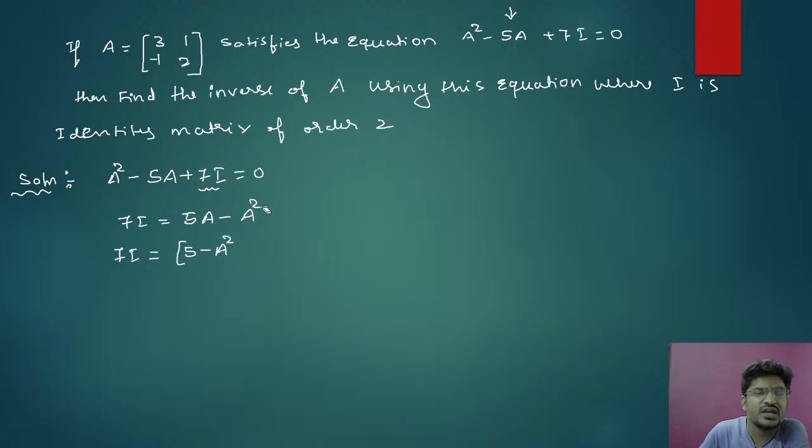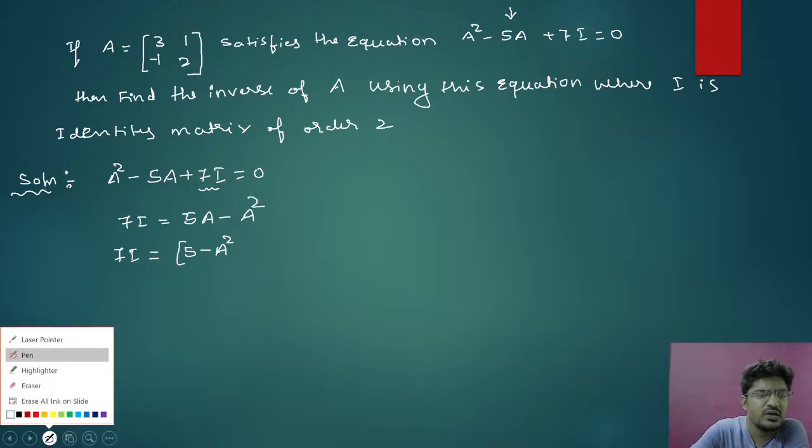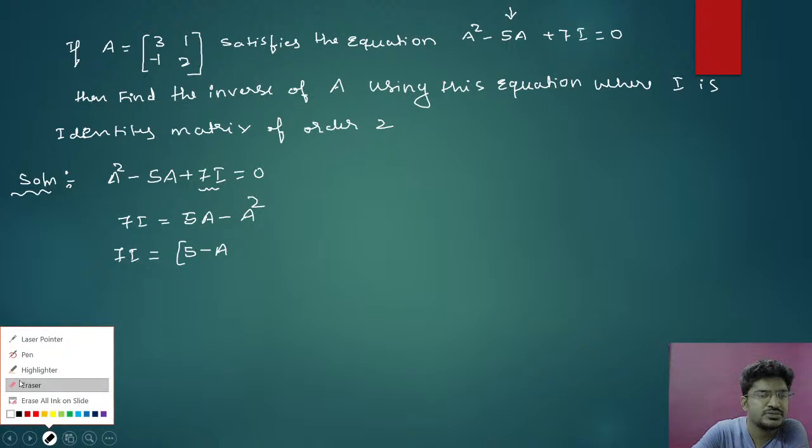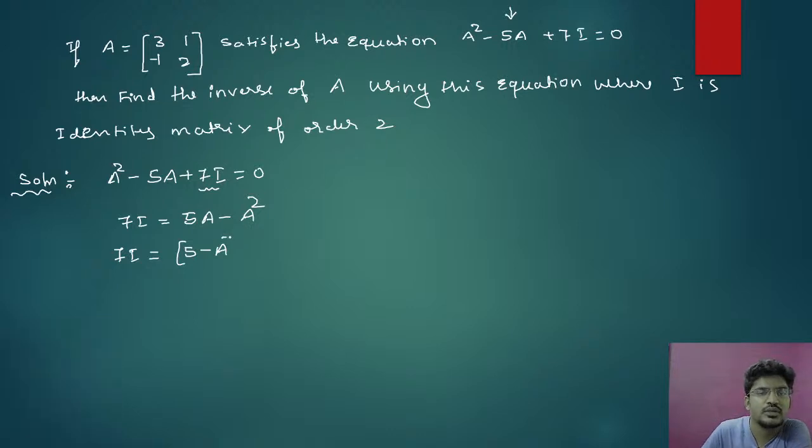If I take A as common, 5 minus A square will become A. So it is 5 minus A into A.